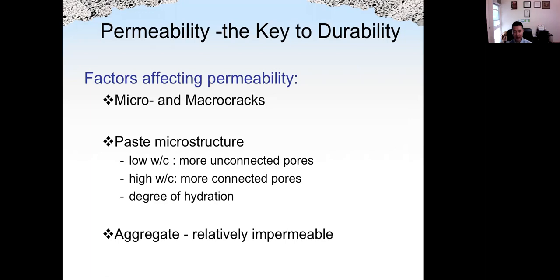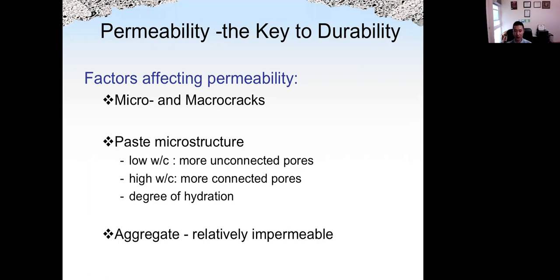For cement paste, if we reduce the water cement ratio, we can make the pores more unconnected. So that may reduce the porosity and the permeability. But if the concrete cracks due to high shrinkage, as we discussed for shrinkage of concrete, for low water cement ratio concrete we may see more autogenous shrinkage.